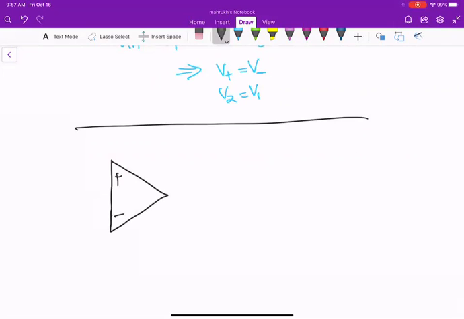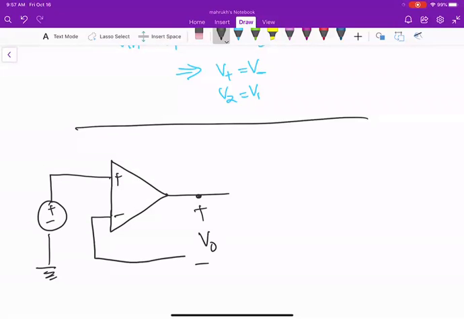If we apply our ideal op-amp model on the unity gain amplifier, what we are saying here is that there is very little current passing here.